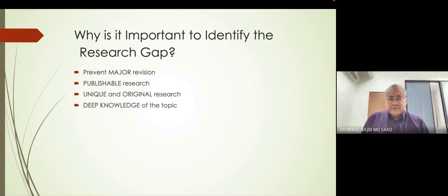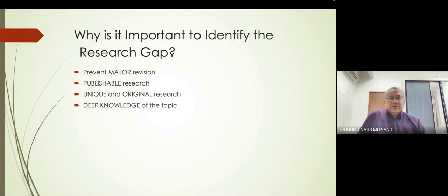And the most critical thing is that we need to do a major revision as well as a revival. So this is very important prior to writing our thesis or paper. We need to identify the research gap to prevent a major revision of our thesis or articles.